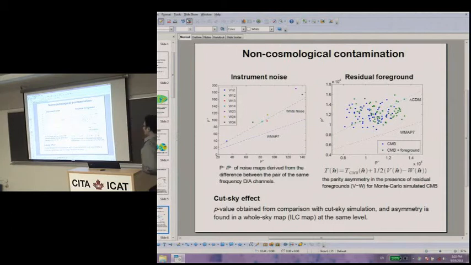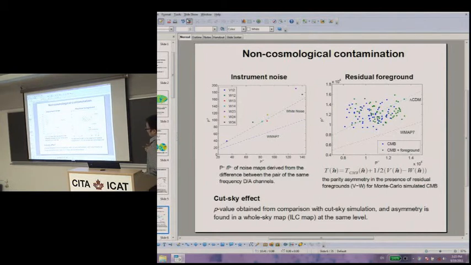So this rules out diffuse foreground such as synchrotron, or such rapidly varying frequency spectrum foreground. But some astrophysical contamination of slowly varying frequency spectrum may not be picked up by this test.